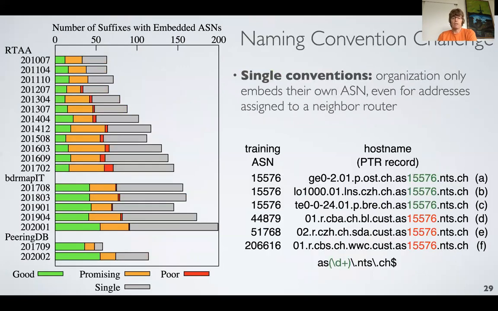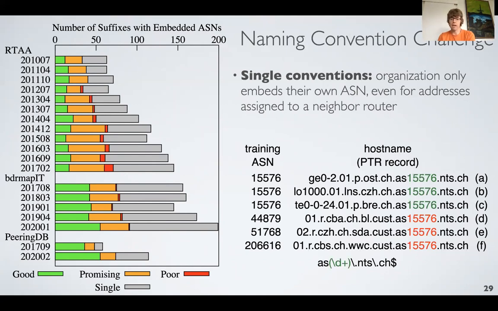The final challenge that we faced in using regular expressions is that some organizations only embed their own ASN, even for addresses they assign to their neighbor router. So what the operator here is doing is embedding their own ASN on resources they control, even though those resources are provided to neighbor routers. We can detect these because we only extract a single ASN that's congruent with training data, in this case AS15576.